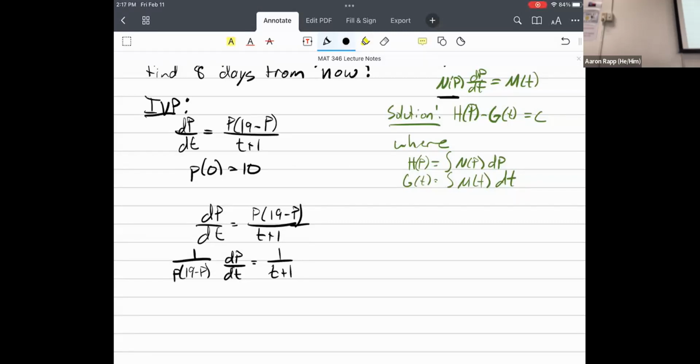And now this is set up in that form of a separable differential equation. I know what I need to solve for, and I know what I need to integrate. So what we need is to figure out the antiderivative of 1 over P times 19 minus P with respect to P, and the antiderivative of 1 over t plus 1 with respect to t.